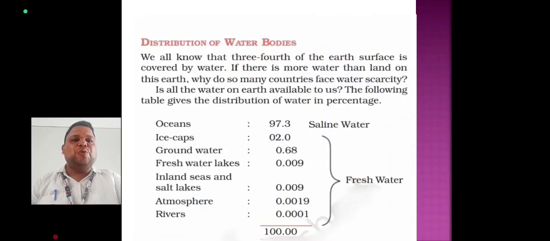Now this is the distribution of the water bodies. We all know that 3/4 of the earth's surface is covered by water. If there is more water than land on this earth, why do so many countries face water scarcity?